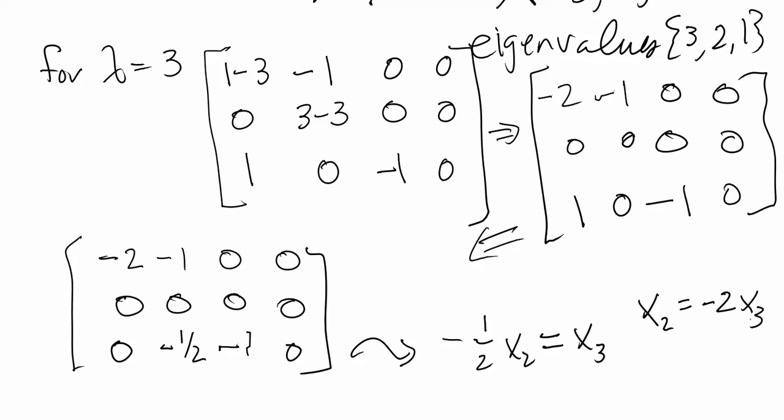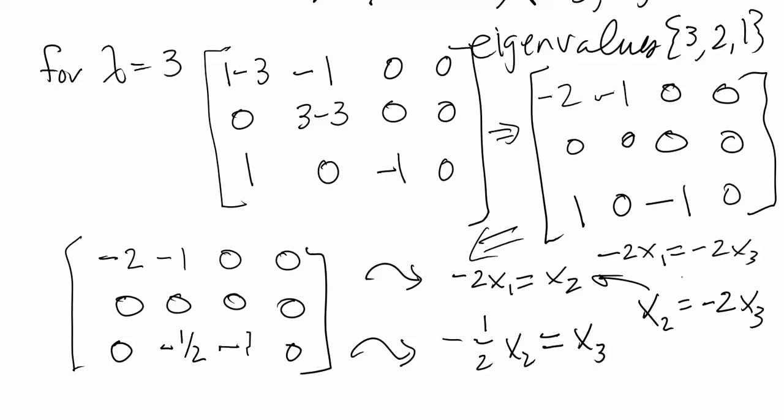And from equation 1, we get minus 2x1 equals x2, but we know that x2 is equal to minus 2x3, so we can substitute this in here to get minus 2x1 is equal to minus 2x3, or x1 is equal to x3.